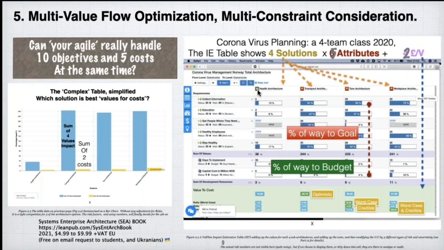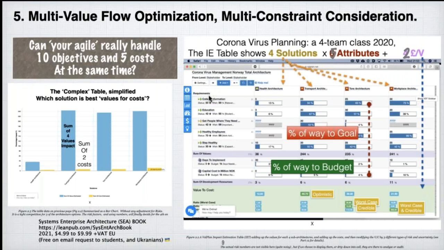On the top level, we have 1, 2, 3, 4 different, let's call them designs or solutions or architectures or strategies. Those are just synonyms for stuff we're going to build, acquire, and put in the system so that we get some values delivered.